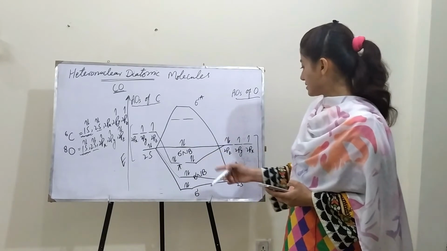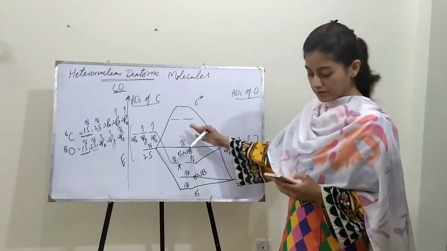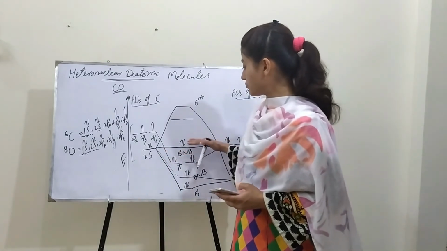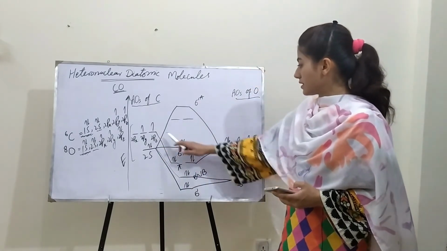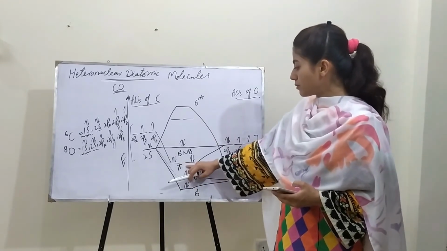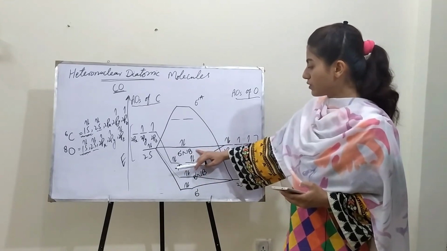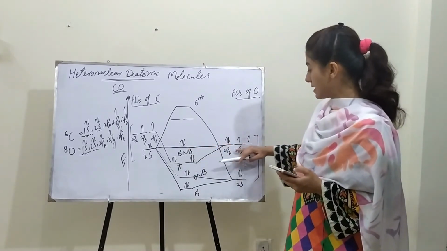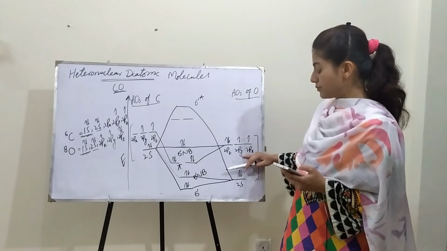We will discuss this later on. First just see how many bonds have been formed. When these interact with this one, then 2 pi bonds would be formed and 1 non-bonding orbital would be formed at the same energy level as the p orbitals.